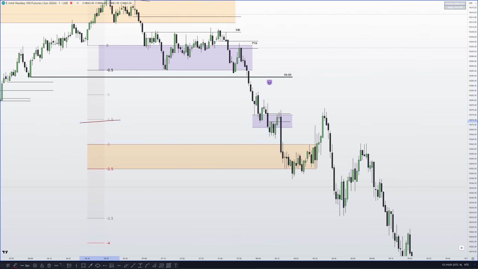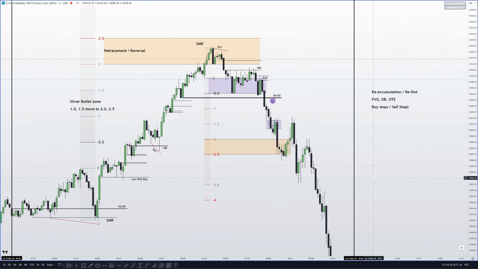Is the question. In the 2 and 2.5 deviations, you can find 2 different elements. Okay. Two and a half deviations, it's for the smart money reversal or one reaccumulation or redistribution level to continue to the 3.5 and 4 deviations.